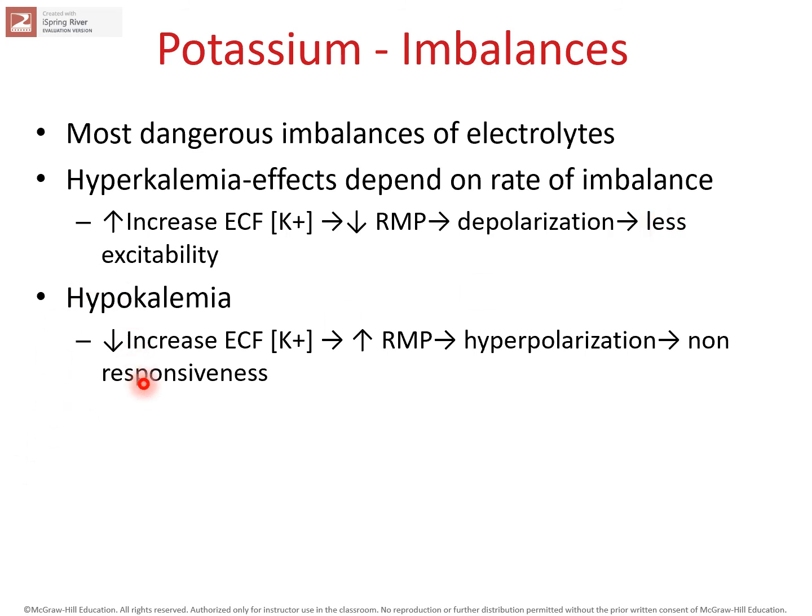And hypokalemia, on the other hand, leads to increase in the resting membrane potential, and it leads to hyperpolarization. Okay, meaning the membrane potential falls below the normal resting membrane potential values, right? So this makes the cell unresponsive. So hypokalemia can make the muscle cells less excitable, and it can cause muscle weakness, loss of muscle tone, loss of reflexes, and arrhythmias.